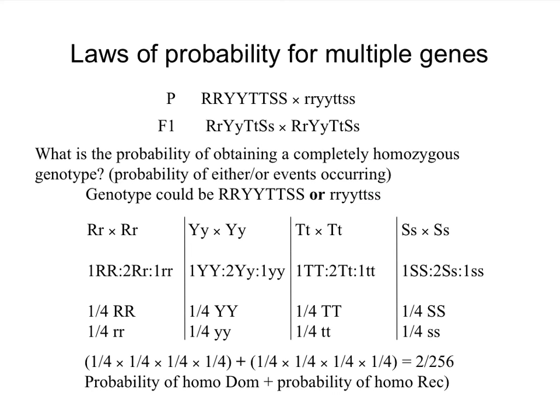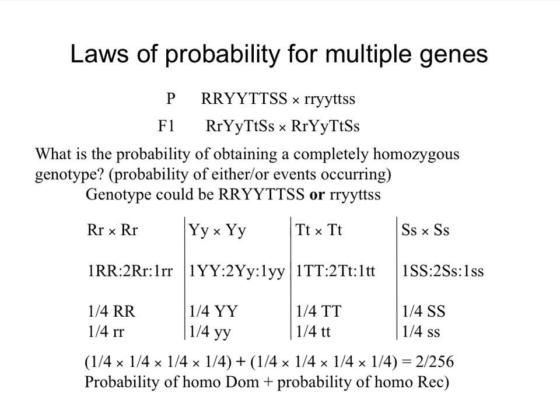So what are the odds that I'm going to get big R, and big Y, and big T, and big S? Well, there I'm multiplying. It's the product rule, right? What are the probabilities of me getting little r, little y, little t, little s? Here again, I'm multiplying because I'm using the word and. But then I have to wonder, what's the probability of me getting this or this, right?